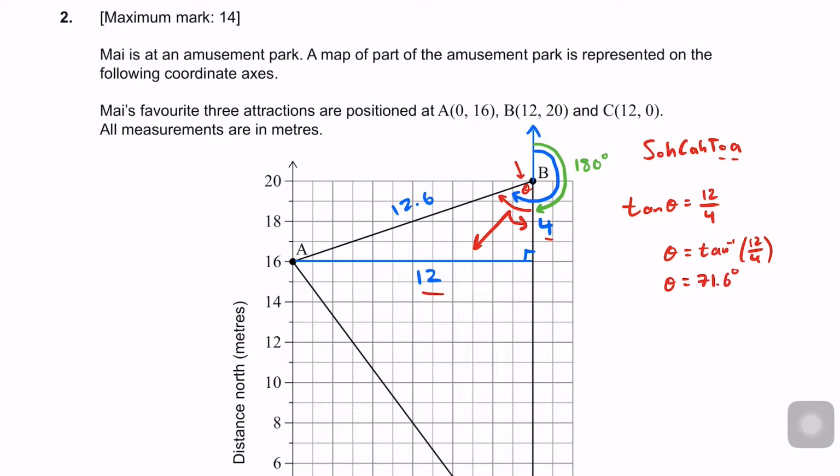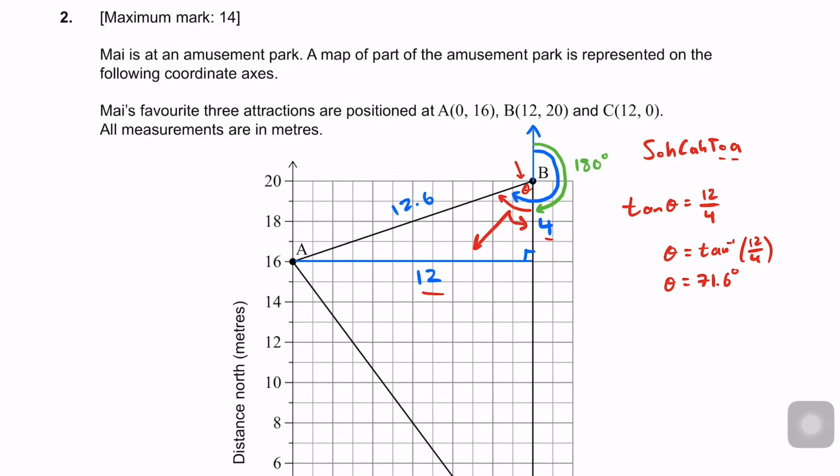Alright, so before we talked about the angle that we needed to sweep through relative to true north to head off from B to A, or we would say A from B. And in this case, it's going to be 180 degrees plus this theta value here.